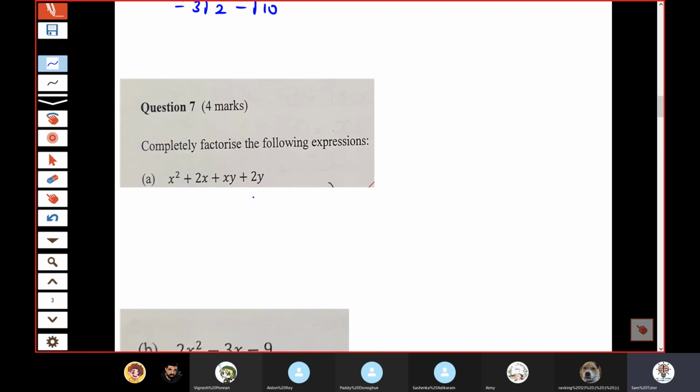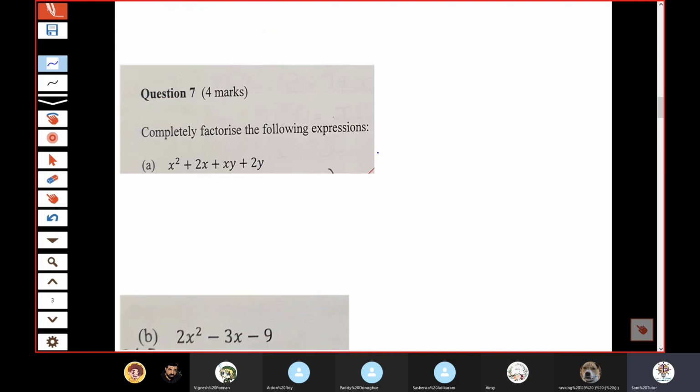Question 7. Completely factorize the following expressions. Okay, there's 4 terms. When there are 4 terms, you do grouping in pairs. Factorize your x out, x plus 2. Factorize your y out, x plus 2.